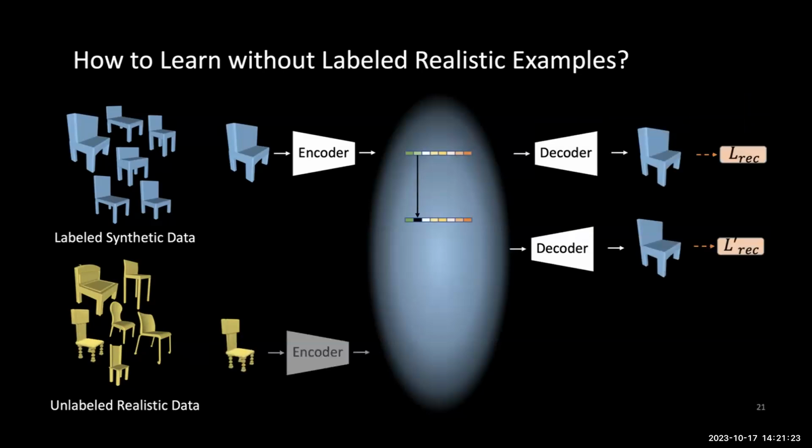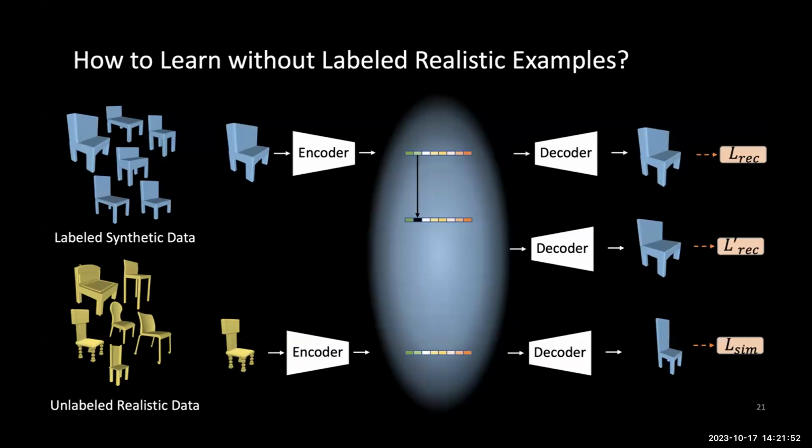And then we encode realistic data within the same latent space, but here we decode it into another synthetic shape. Because here we don't have the ground truth, we have a similarity loss between the synthetic output and our realistic input. Both the realistic shapes and synthetic shapes are trained together so that we learn a latent space that can distill the knowledge learned from synthetic data to better infer the real data.